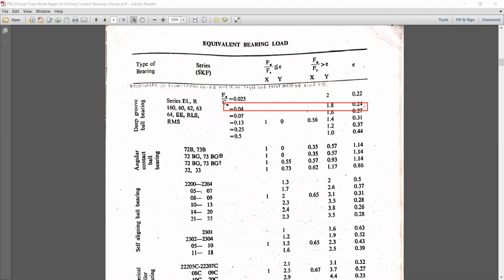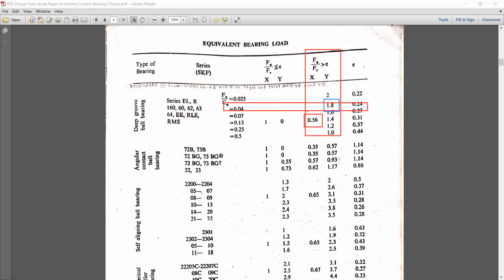It means that the Fa upon Fr ratio is greater than the value of e. So that's why we have selected this column. Now the value of X is equal to 0.56 and the value of Y is 0.8. Just note it down.